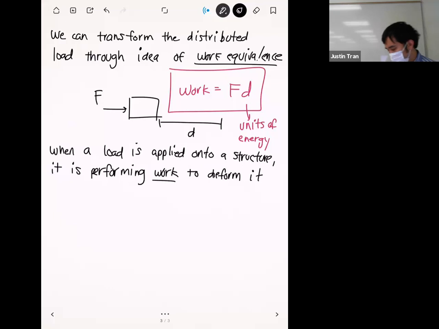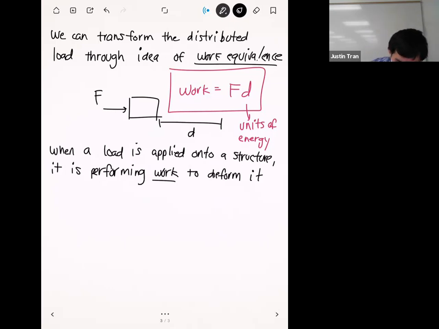What was the last activity that we did? We did the bridge activity last. For the bridge, when you apply the pressure load on top, and that causes the bridge to kind of cave in on itself, what you can say is that the external pressure is applying work on the bridge. And we can say the same thing for simple beams too.